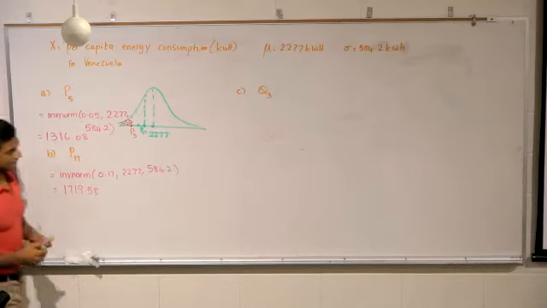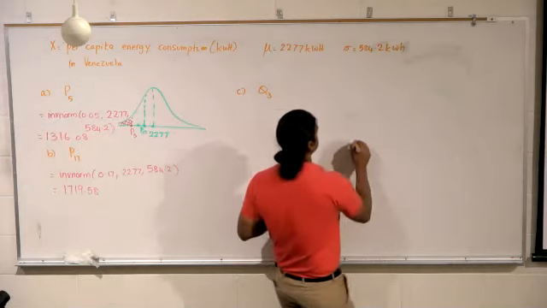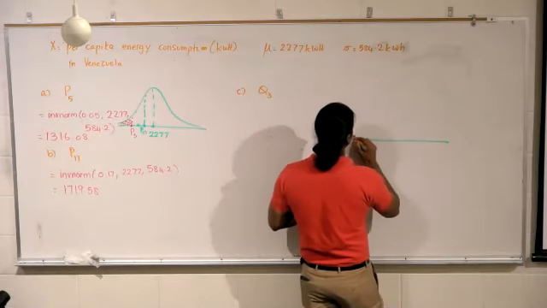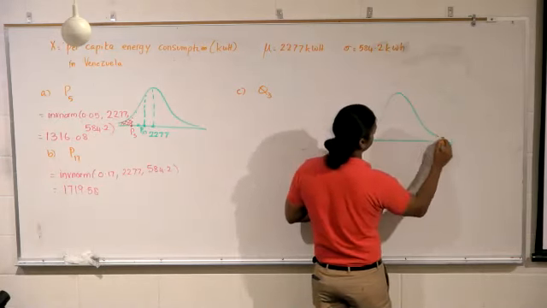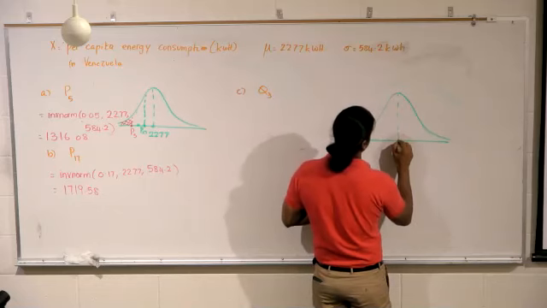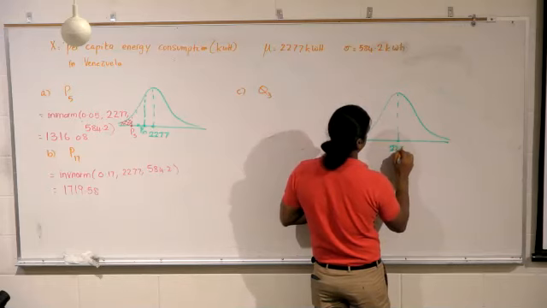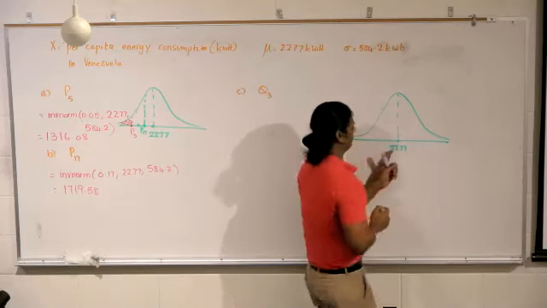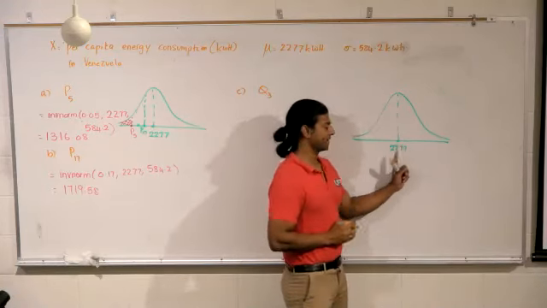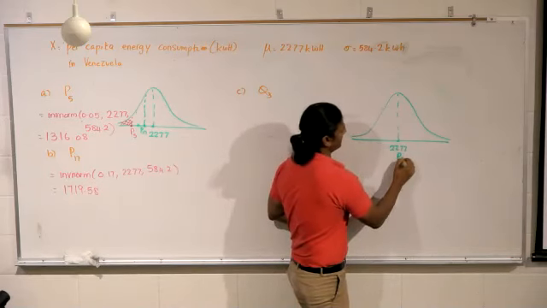In the last case, we have Q3. Which percentile does Q3 correspond to? 75. It has to be bigger than this because this is P50.